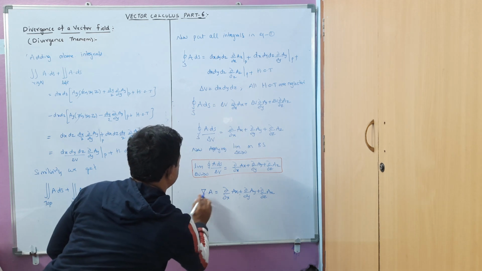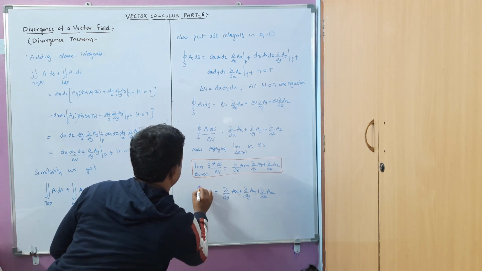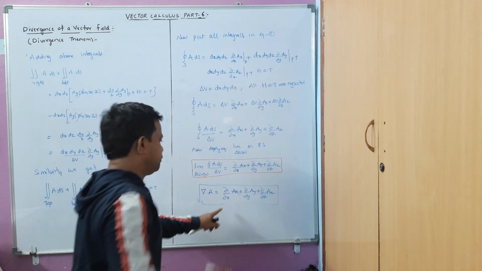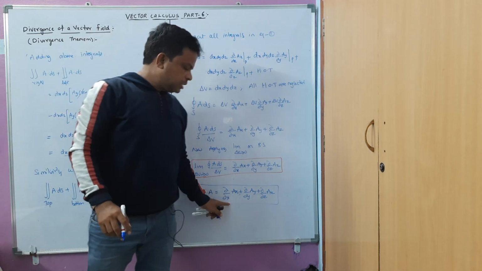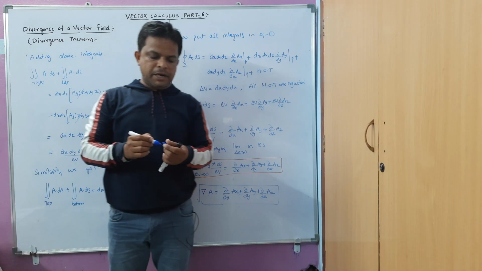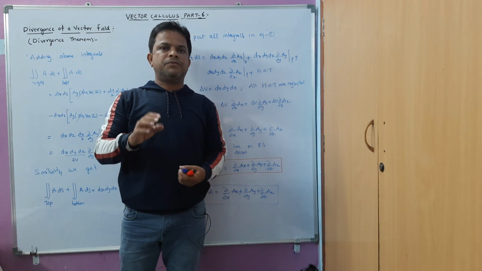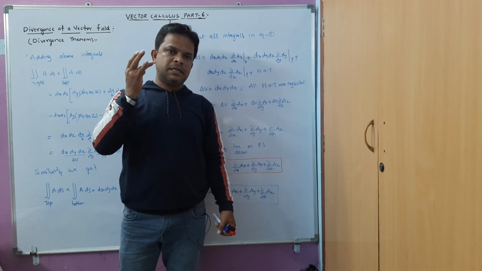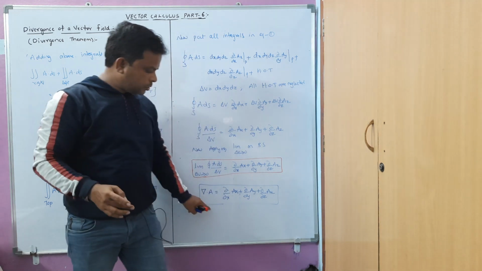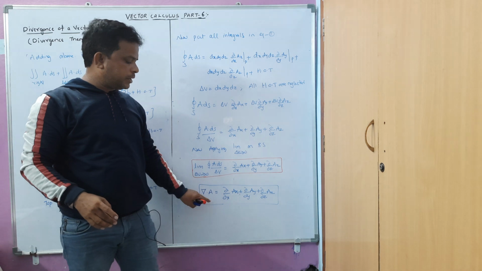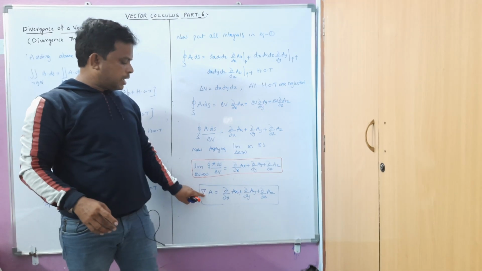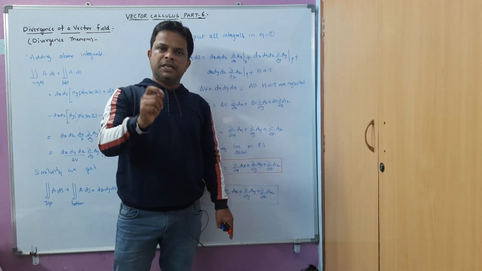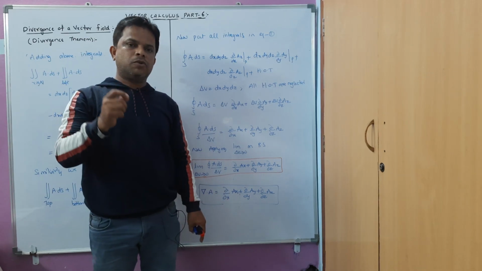So this is the divergence of the vector field A. By using this equation, we are going to evaluate the divergence of a vector field A in cylindrical coordinates and spherical coordinates. So in the next video lecture we will evaluate the divergence of a vector field A in the cylindrical coordinate system as well as in the spherical coordinate system.